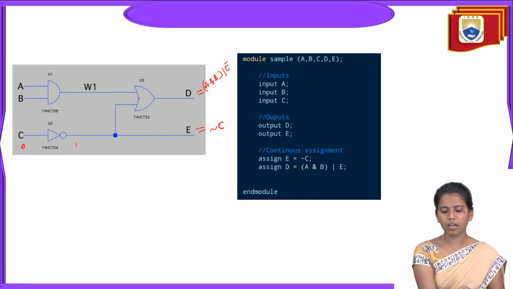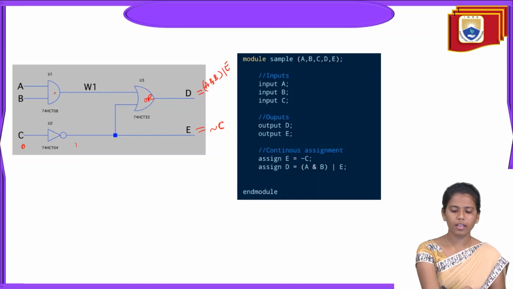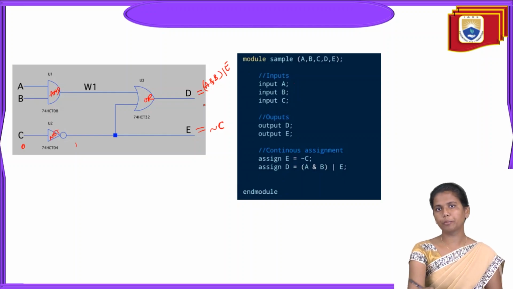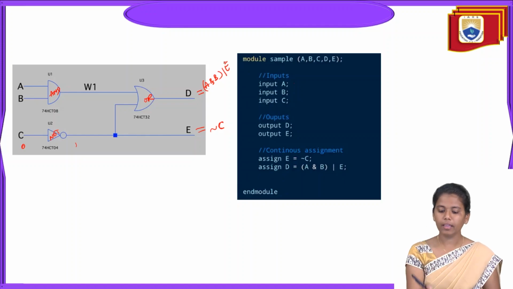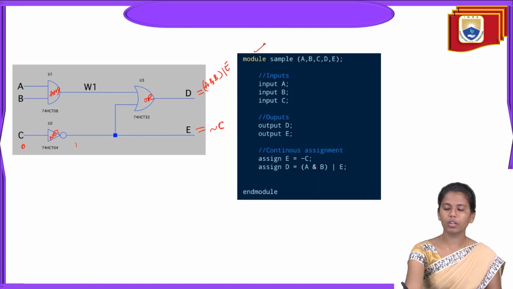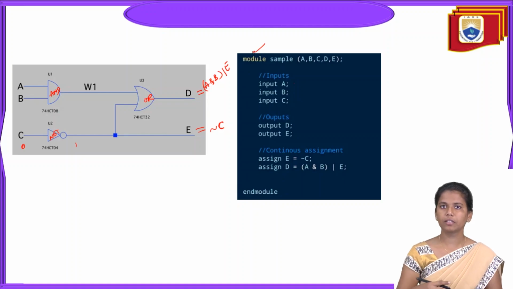See, this is an OR gate, this is an AND gate, and this is a NOT gate. So for output D, in data flow modeling, I can write A and B or E. And finally, endmodule. So my module starts with the keyword module, and finally I end with the keyword endmodule.